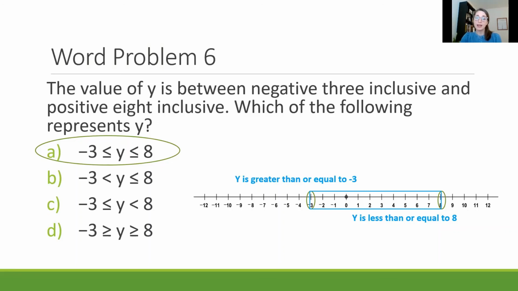If we look at -3 and y, we could say -3 is less than or equal to y, or reading it backwards, y is greater than or equal to -3. And for 8, we see y is less than or equal to 8, or we could read it backwards, 8 is greater than or equal to y. So either way that we read it, we'll be able to see that it matches up with the information we looked at earlier and mapped out using our number line.